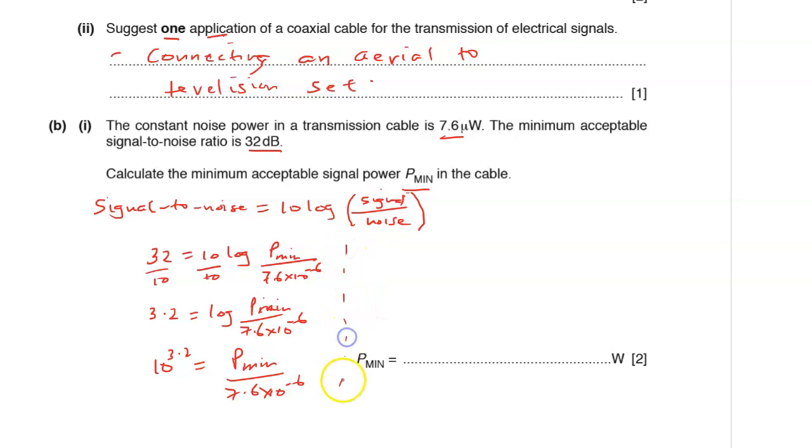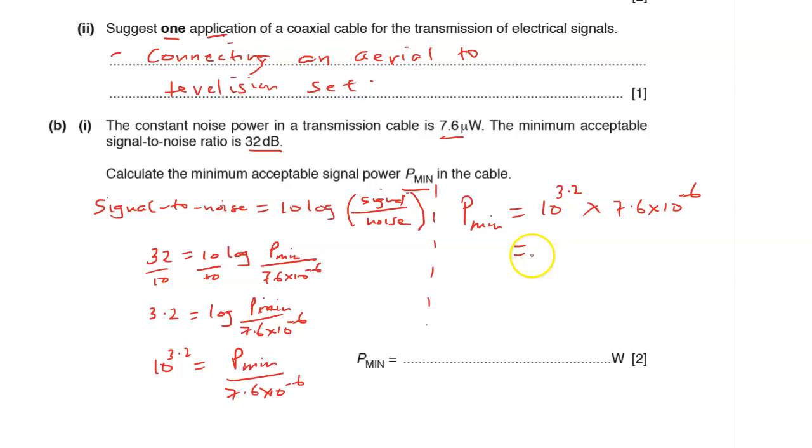Then we multiply both sides to make P min subject. P min is 10 raised to power 3.2 times 7.6 times 10 raised to power minus 6.